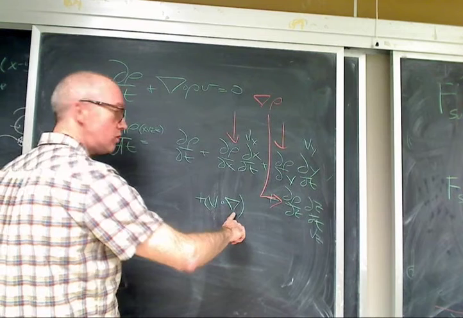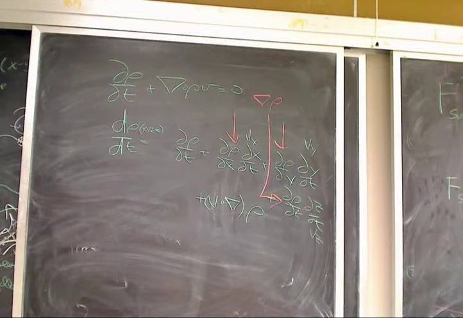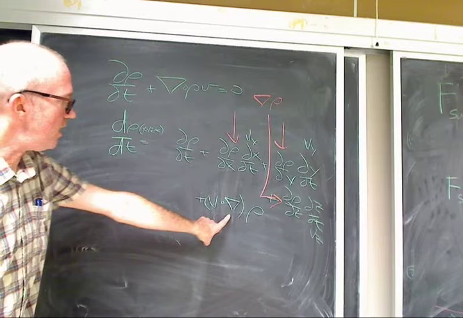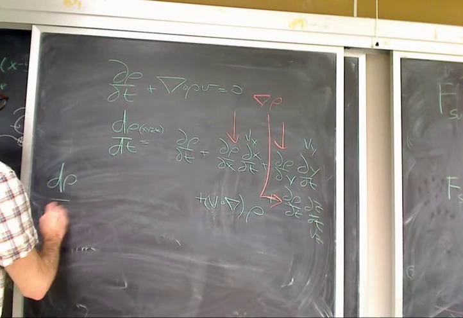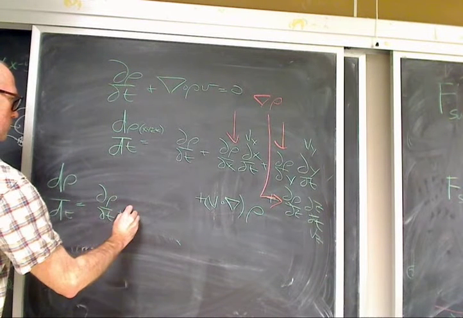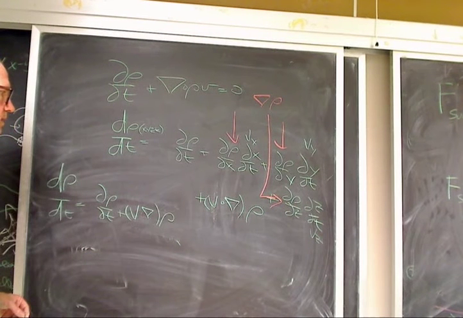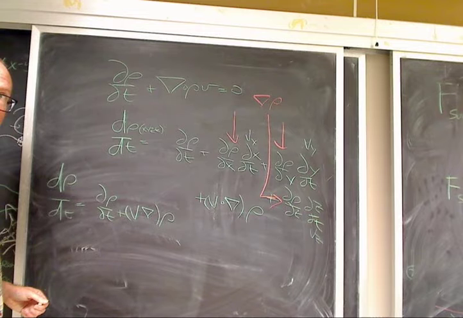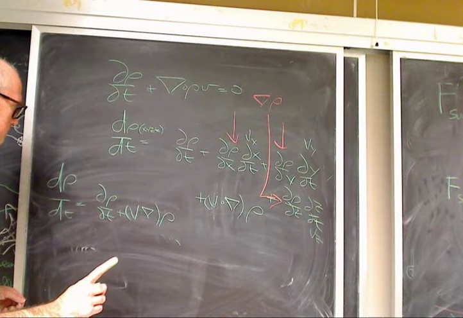It's real easy to screw up this operator, especially when we get to the velocity. So d rho dt is partial rho partial t plus v dot grad rho, and that's all I need to say.